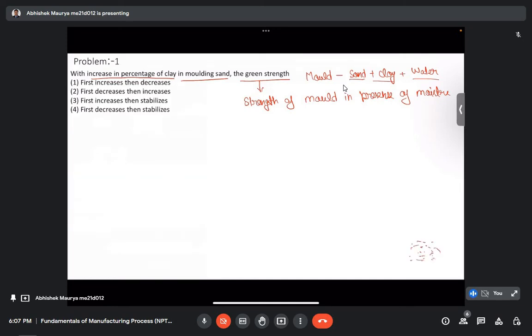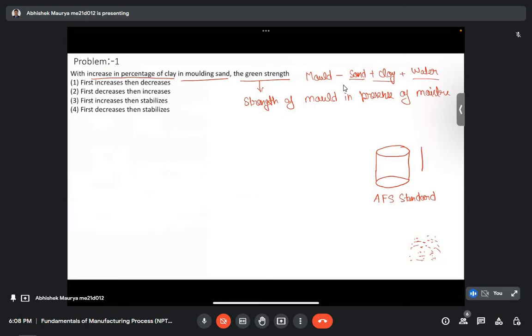Now the standard way of testing the green strength is basically one cylindrical specimen is prepared from the molding sand by compacting it, and I will talk about the specimen which is made based on the American Foundry Society or AFS standard.